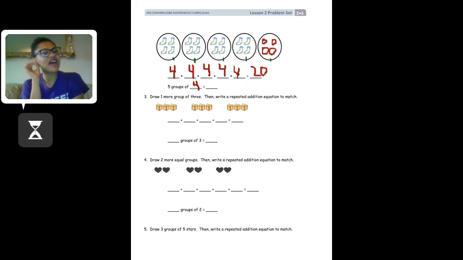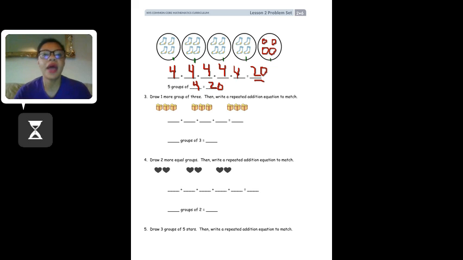And so I know that 5 groups of 4 equals, we just found the total earlier. Let's look back at our number sentence, and I remember that we had 20. So I'm going to write the number 20 to finish out my sentence statement. 5 groups of 4 equals 20.